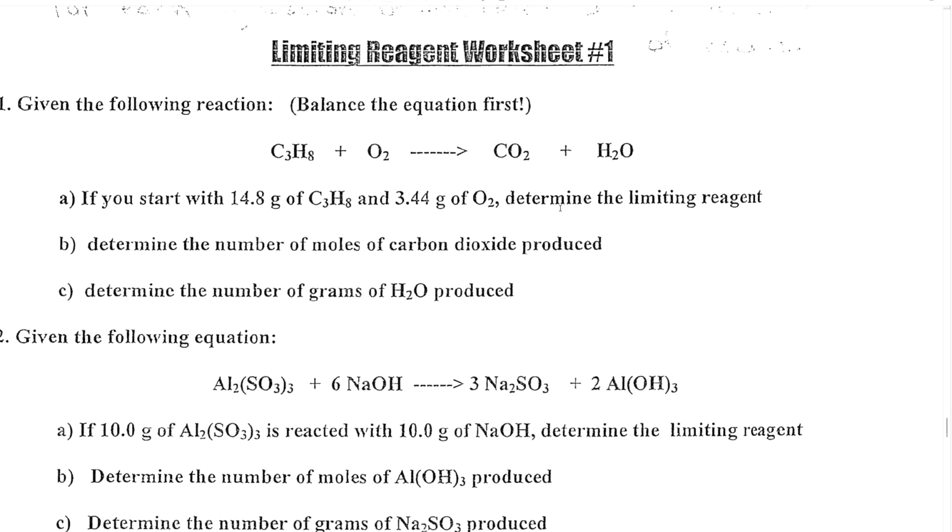It will still tell you accurately which one's the limiting reactant. It's just important that if you choose carbon dioxide, that you convert the 14.8 grams of propane to grams of carbon dioxide, and also the 3.44 grams of oxygen also to grams of carbon dioxide. If you do one to carbon dioxide and the other to water, then they're not comparable, right? It wouldn't make sense to compare them. So you have to just choose one product and stick with it.